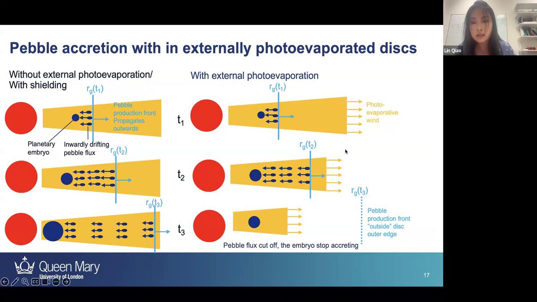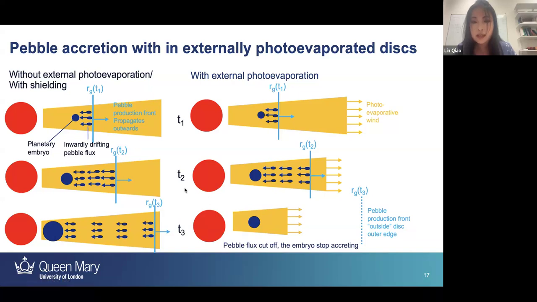If the disk is subject to external photoevaporation, the outer disk can be truncated rapidly, so that the time it takes for the pebble production front to reach the truncated disk outer edge would shorten significantly. This reduces the pebble mass reservoir in the disk available for embryos to accrete, therefore limiting the planet's growth potential via pebble accretion.